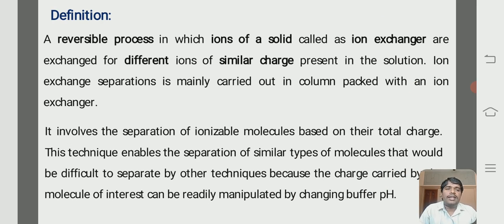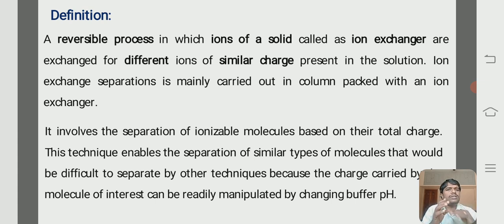Definition of ion exchange chromatography. Ion exchange chromatography is a reversible process in which ions of a solid called an ion exchanger are exchanged for different ions of similar charge present in the solution. Ion exchange operation is mainly carried out in a column packed with an ion exchanger.